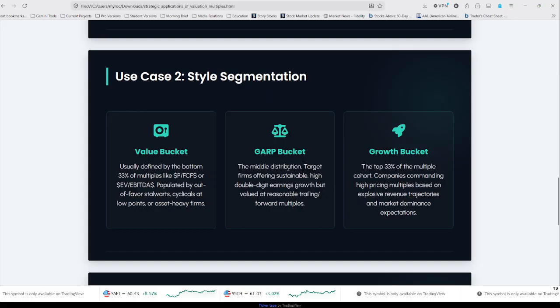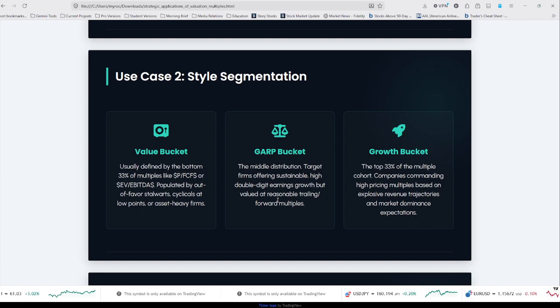And then there's the companies that sit in between. Now, when it's all said and done, imagine I have 99 companies and I sort them out. Lowest valuation multiples on the first page, highest on the last page.